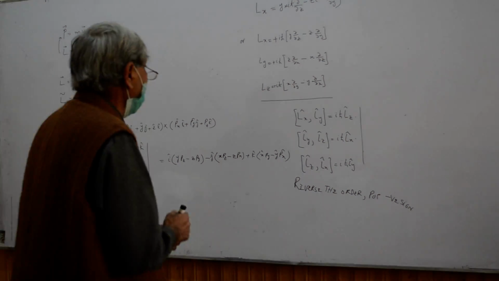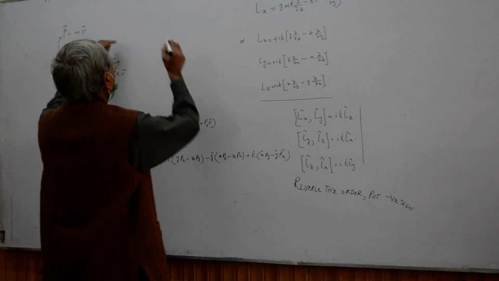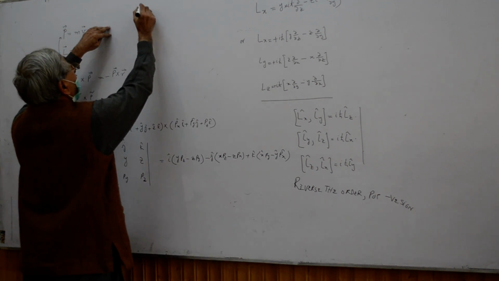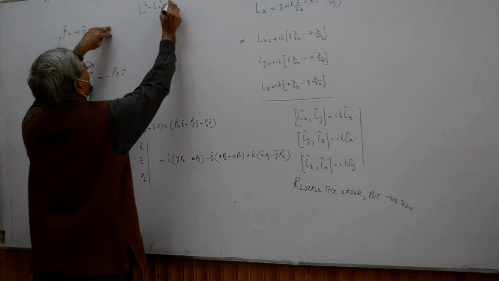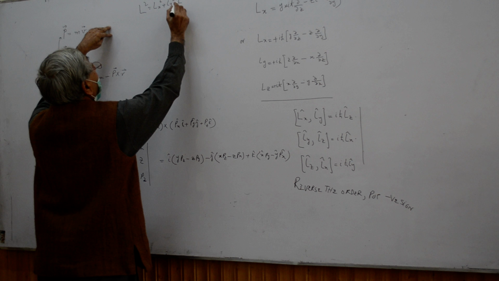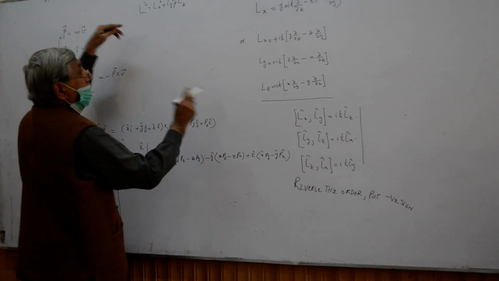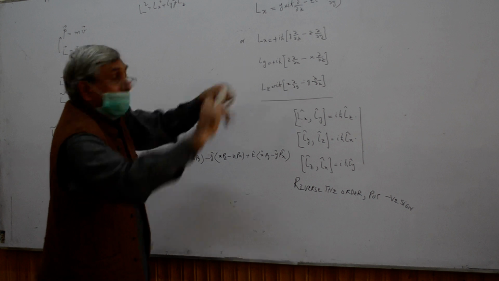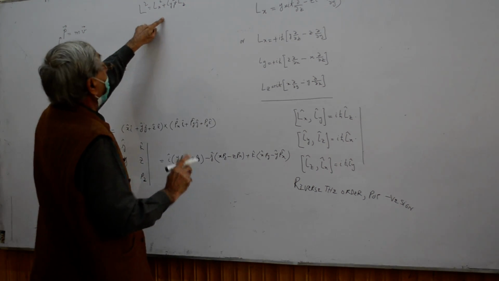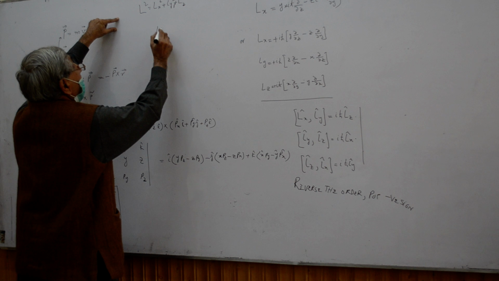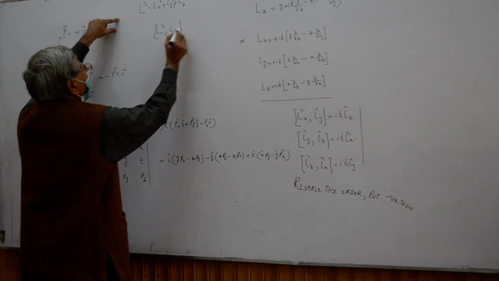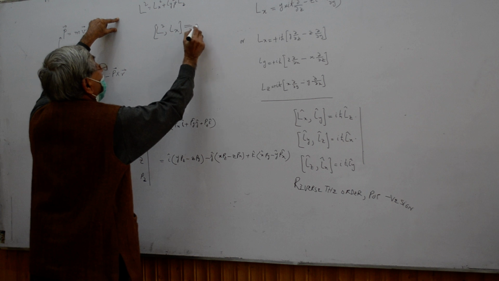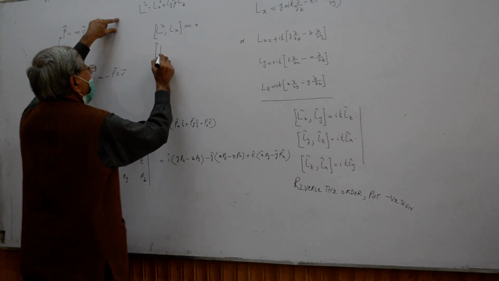However, if you take L square, which is Lx square plus Ly square plus Lz square, that is the dot product of L with itself, then L square commutes with each of the three components.